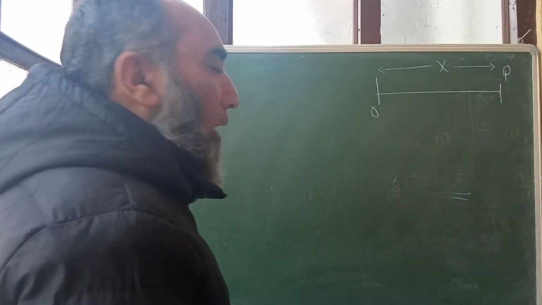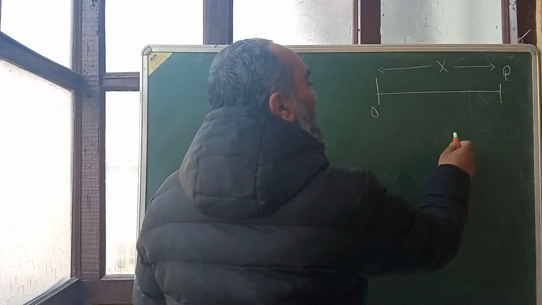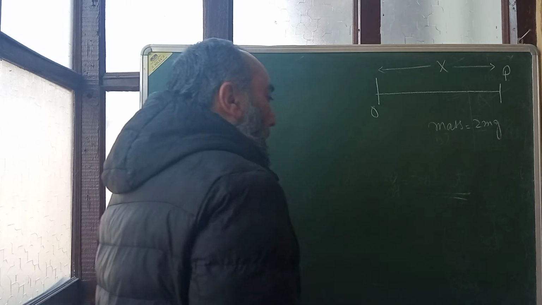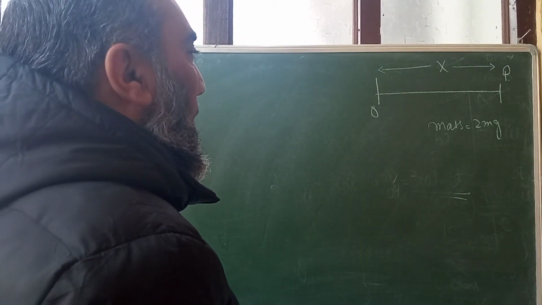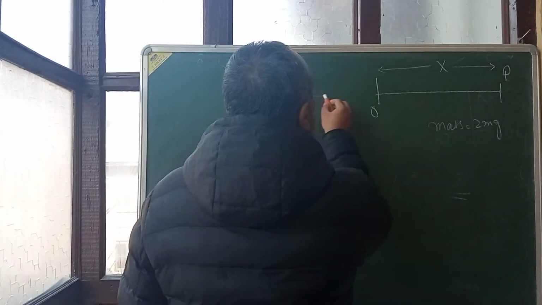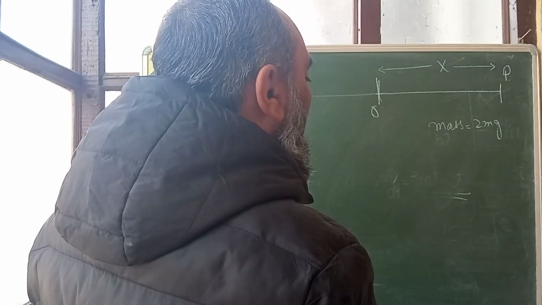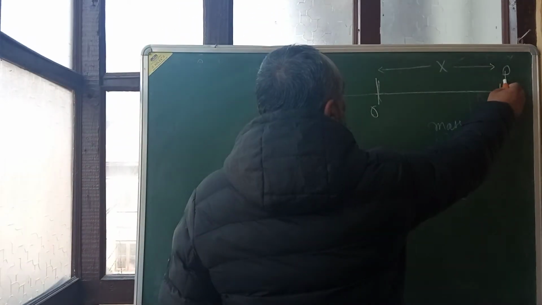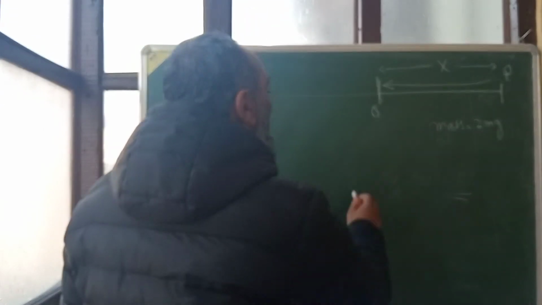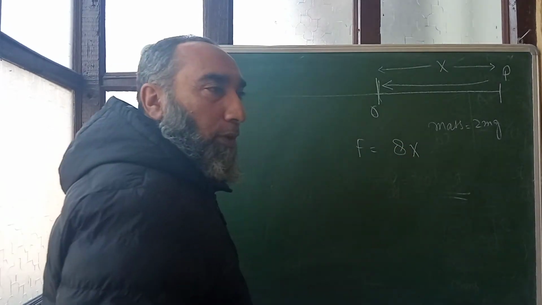See, the question is: a particle P of mass 2 m grams moves on the x-axis. This is the x-axis, and this is the origin, O. The particle P is attracted towards the origin with a force numerically equal to 8x.